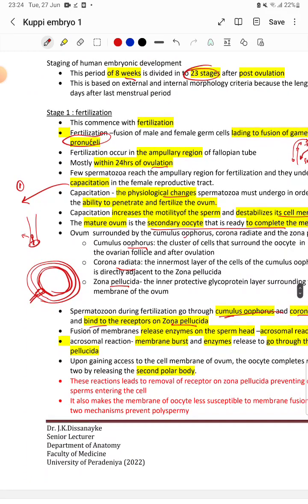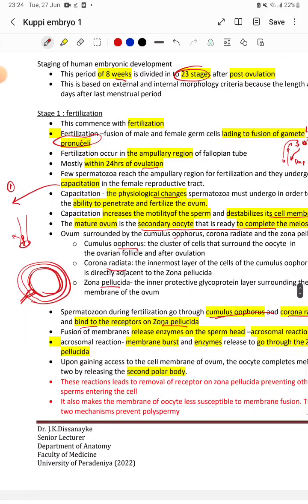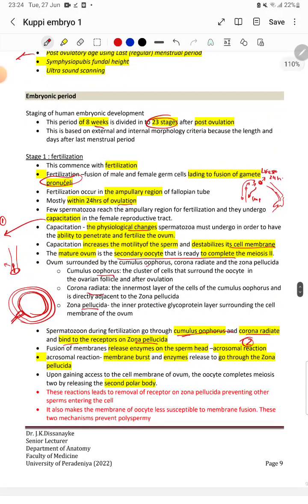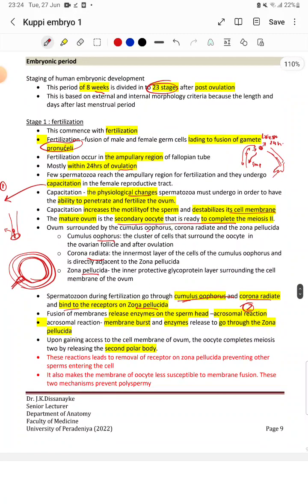The second thing that happens to the sperm is the acrosomal reaction. The acrosomal reaction occurs when they bind to the receptors, and this triggers a release of enzymes on the sperm head. And these enzymes include, but are not limited to, trypsin and acrosin.